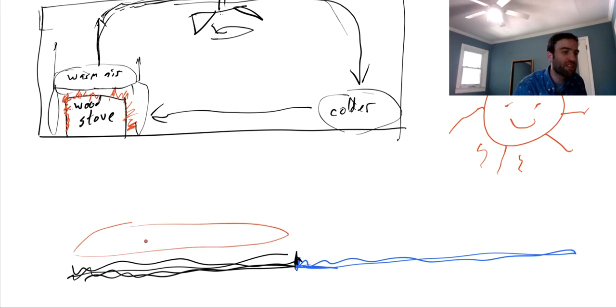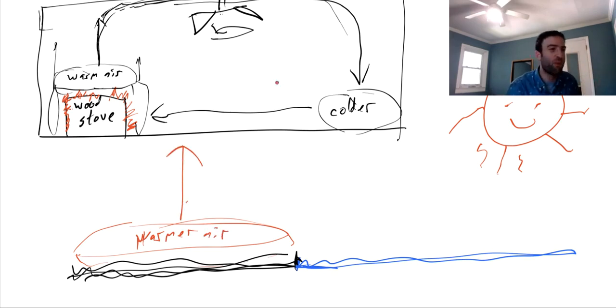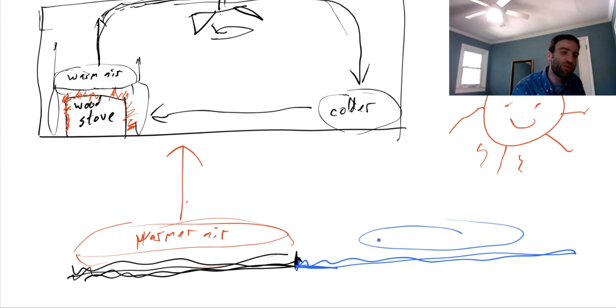So there'll be this layer of hot air because the sun warms up the ground, and then the ground warms up the layer of air right next to it. We get some warmer air. That warmer air starts to rise due to buoyancy, and relatively cooler air that was above the water rushes in to replace the warm air that used to be against the ground, right?